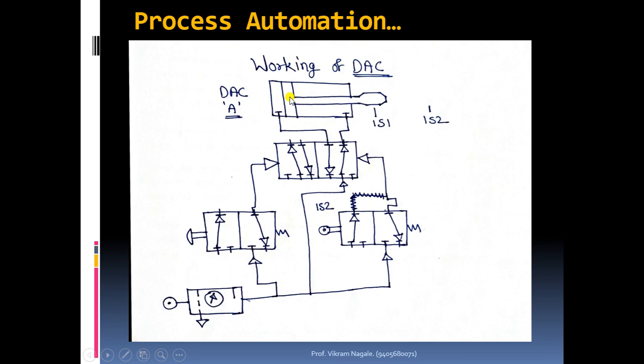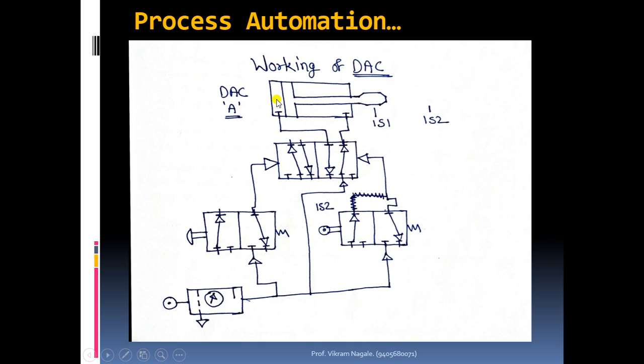In that situation, this piston will be on the extreme right side. So there will be air on the left hand side of the piston. Now that air will be connected to the atmosphere, because of this lining inside this right side block.